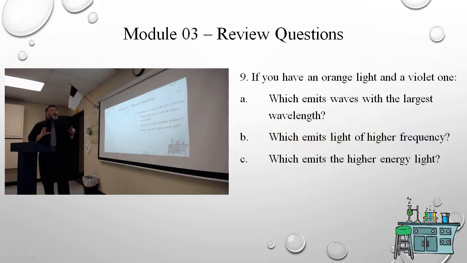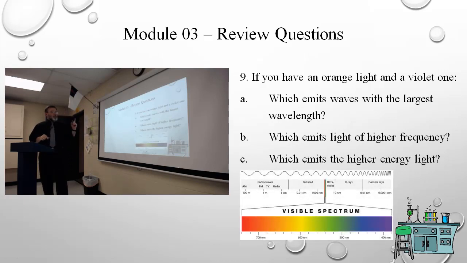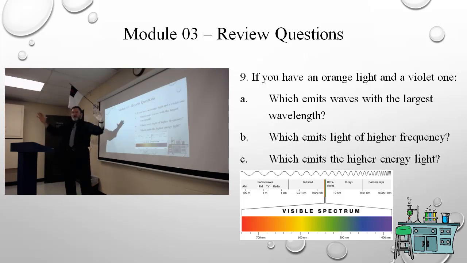If you have an orange light and a violet light, which emits the largest wavelength? Okay, so what you would need to do is go to your chart, or remember it. Remember the method I told you, start long. This is wavelength, Roy G. Biv. Where's orange? Roy, R-O, right? Biv, where's violet? Which one has the largest wavelength?